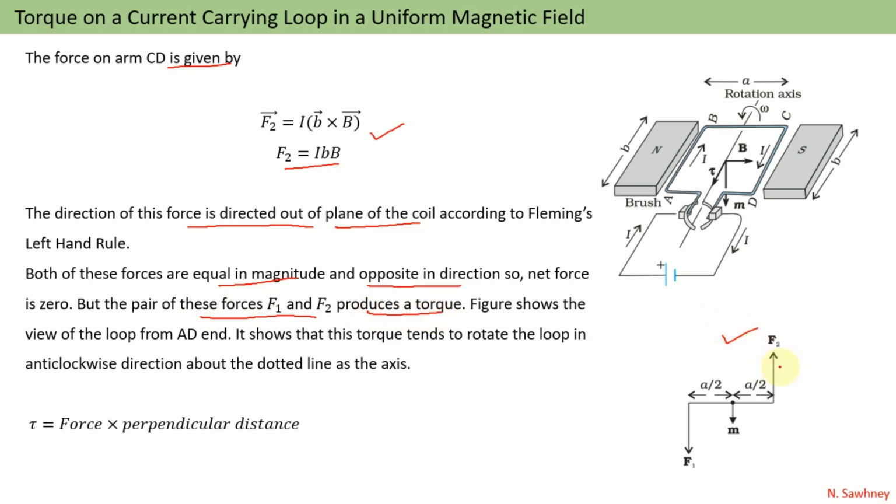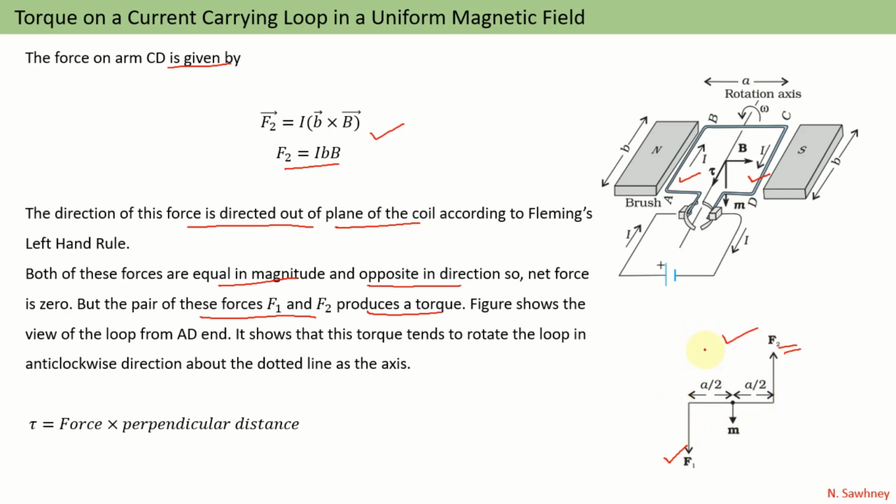See here, this is the force F2 due to the arm DC and force F1 due to the arm AB. And if you view this rectangular coil from the side AD, we will obtain this diagram.